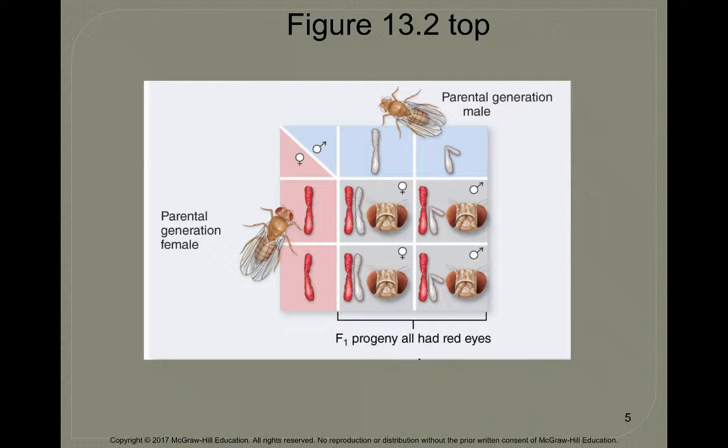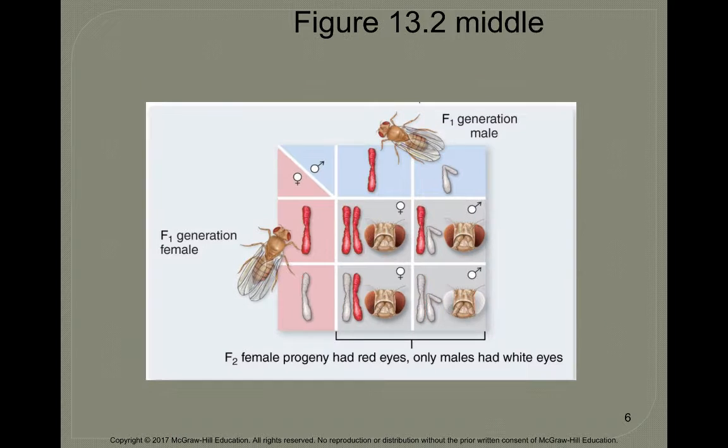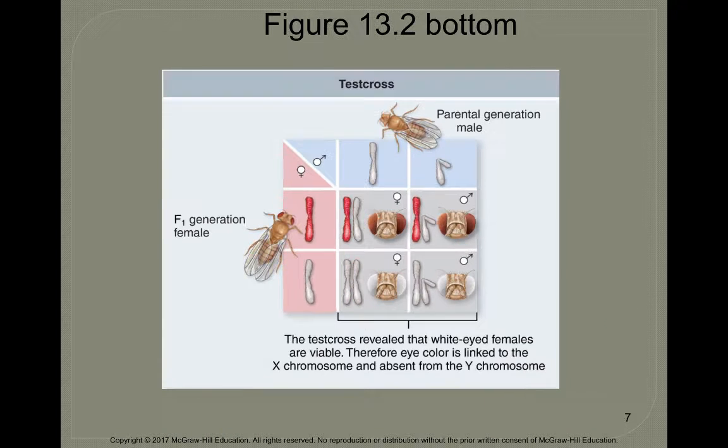So there's his parental generation, his white-eyed male and his red-eyed female. All the F1 ended up having red eyes, because again, if you're male, you show what's on the X chromosome. In that case, it was red eyes. Then he crossed the F1 female with the F1 male, and he ended up getting white-eyed males back in the population. No white-eyed females at that point, just white-eyed males.